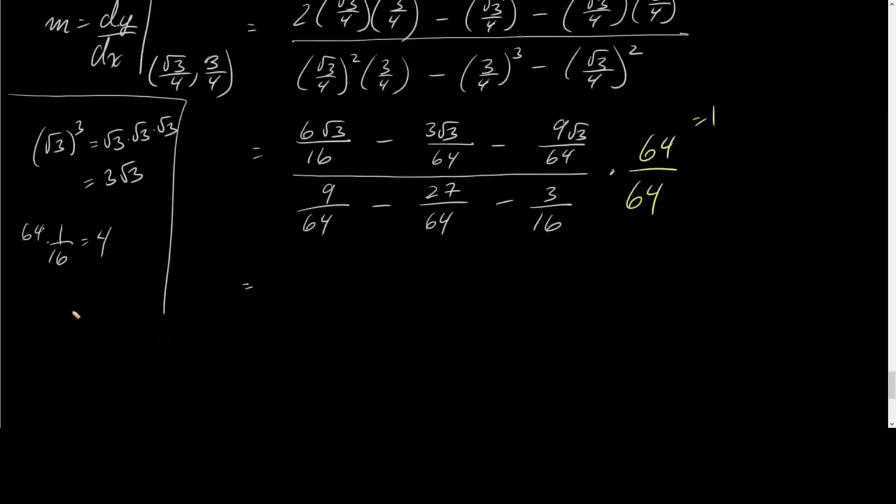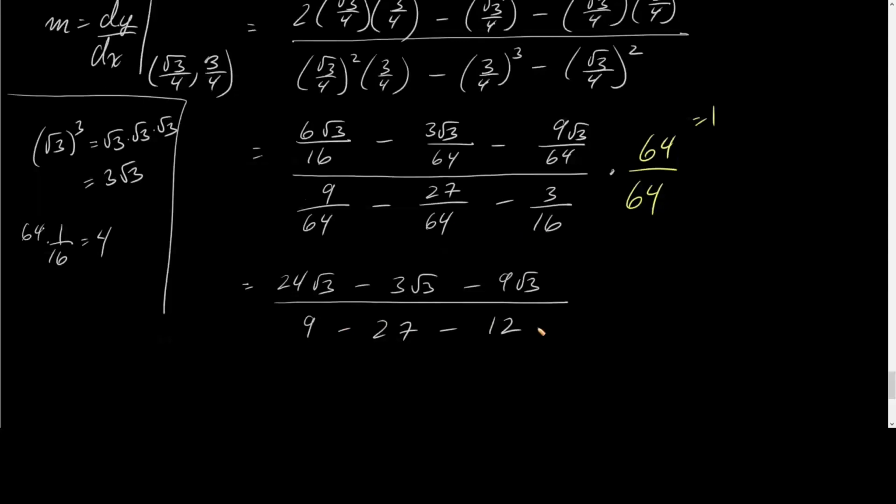So with this first part, the 64 and the 16 reduce. So 4 times 6 is 24. So 24 radical 3 minus, and here that 64 just cancels out. Similarly on that last one. On the bottom, 64's cancel out. 64 and 16 reduce to being 4, so 4 times 3 is 12.